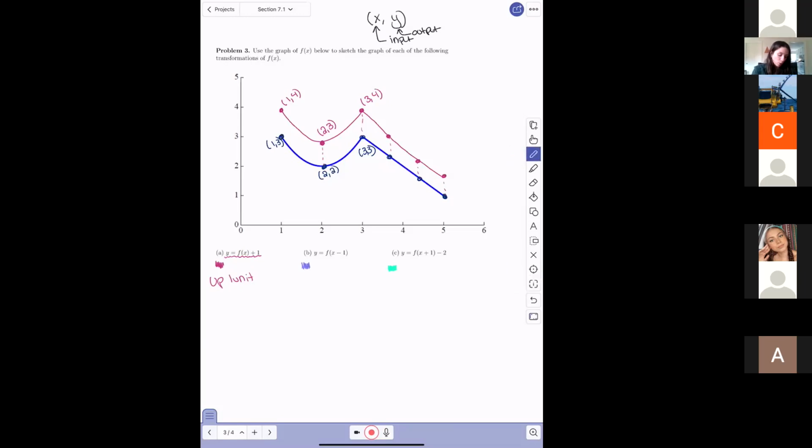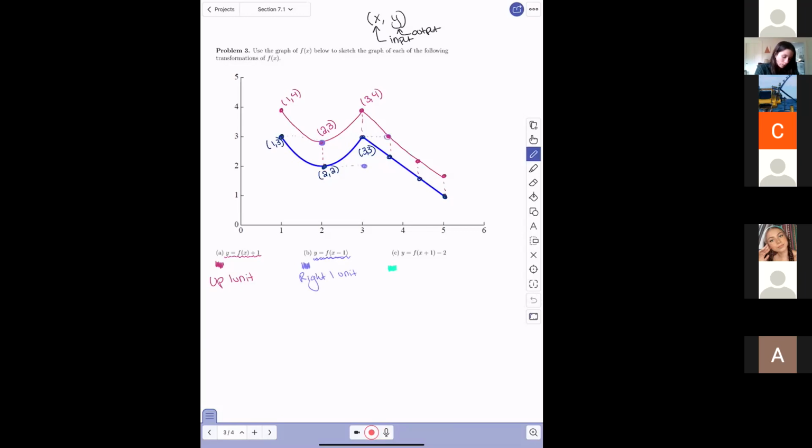Graph of b. What is happening to the function? How is f of x being transformed in part b? Right 1. Good, it's being shifted to the right 1 unit. So this now moves to here. This now moves to here.